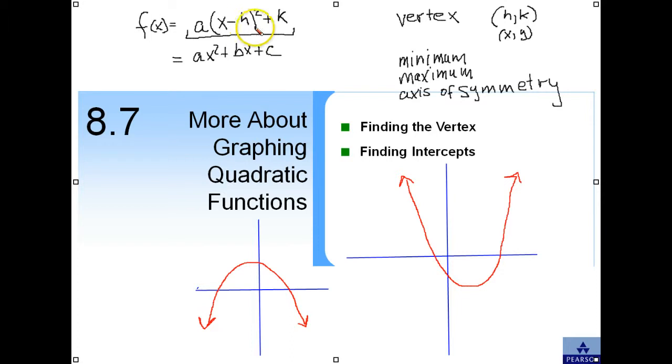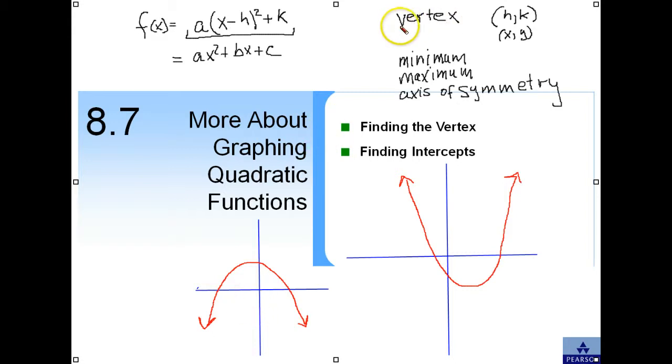But you may recall that we said if A was positive, the parabola would be opening toward the top. And then we said if A was negative, the parabola is opening toward the bottom.